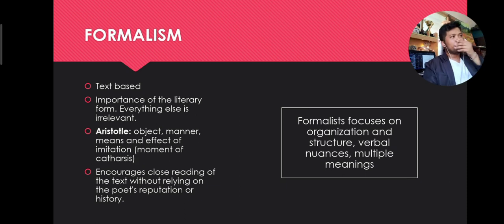Let's say you're looking at an abstract painting, and you look at the colors, the shapes, the forms it produced as instructed by the artist, which makes the meaning of that abstract painting. So that's formalism.